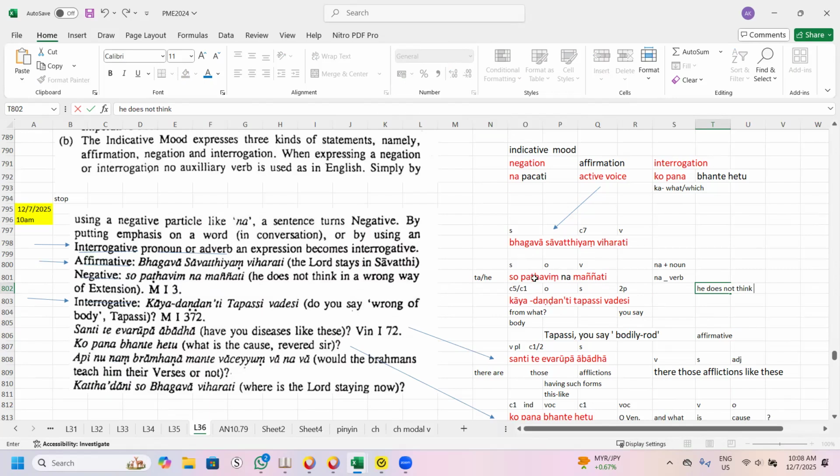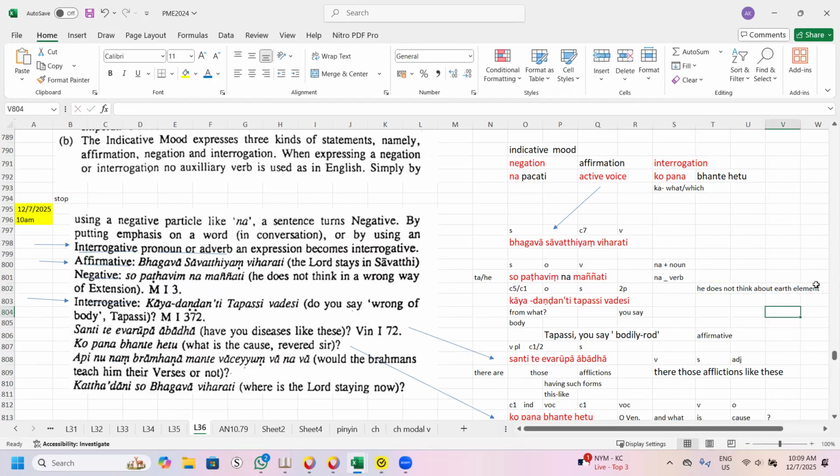Then here is pathavi. So probably we will need to add in something about the earth. In this case, the earth normally is talking about the earth element. You have to see the whole line, otherwise, think about the earth: if he does not think about the earth, I think he's not talking about the earth.